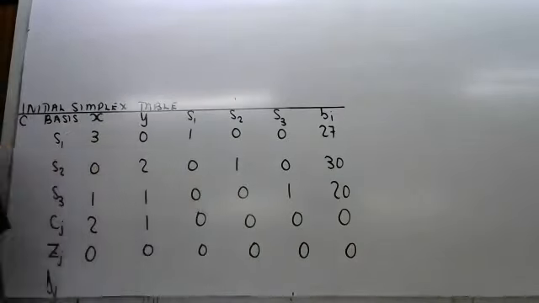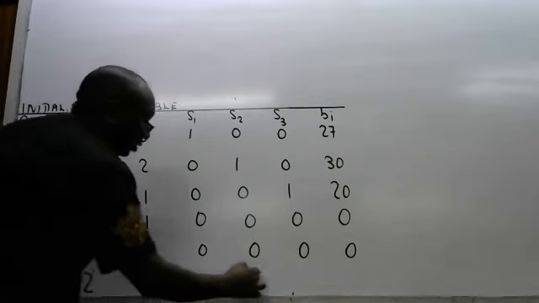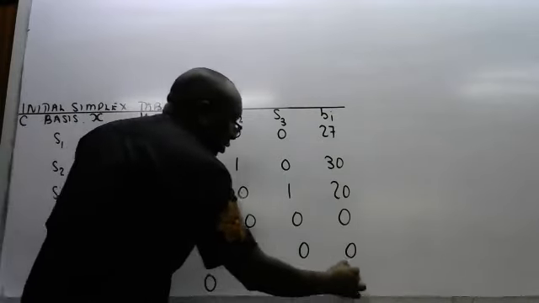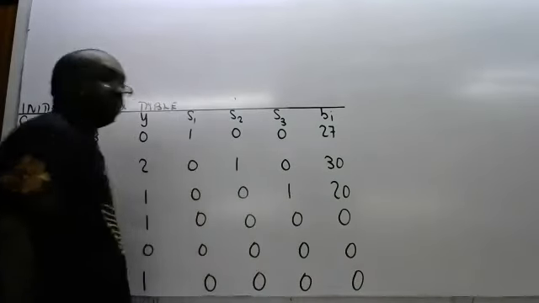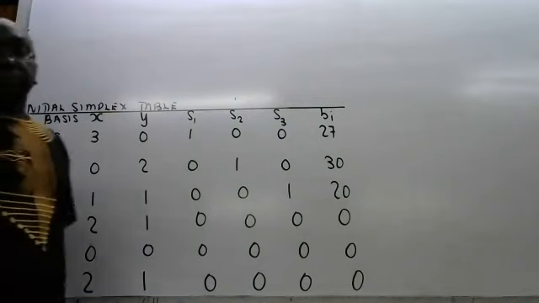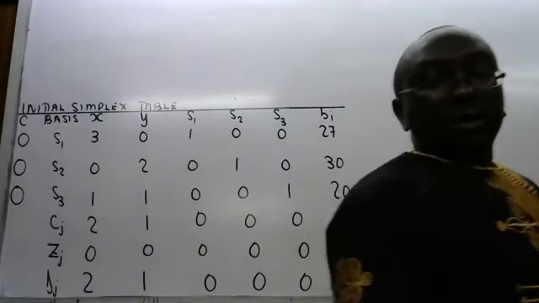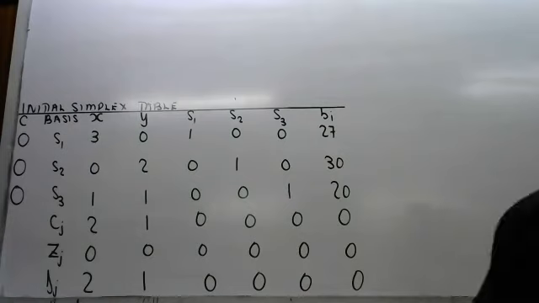And then BJ is CJ minus ZJ. So this will be 2, 1, 0, 0, 0, 0. And then this one has 0, 0, 0. So that is where we shall pick from tomorrow, God willing.